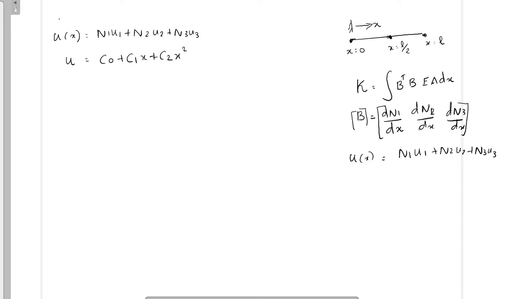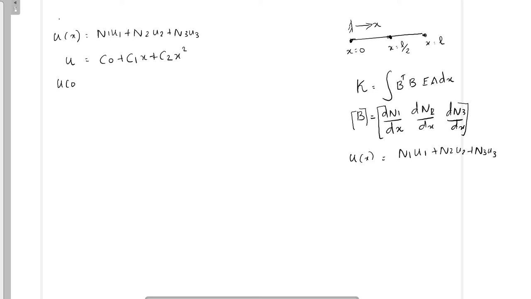So if you find the constant values and assemble in terms of u1, u2, u3, you will get some function. That function can be equal to the shape function. So first our aim is to find out the constant values. For this we are going to use the boundary conditions.